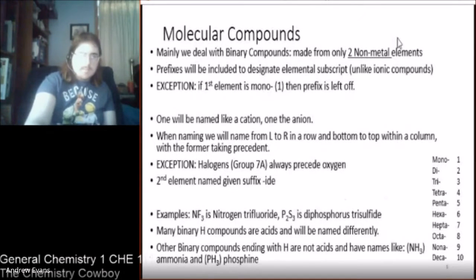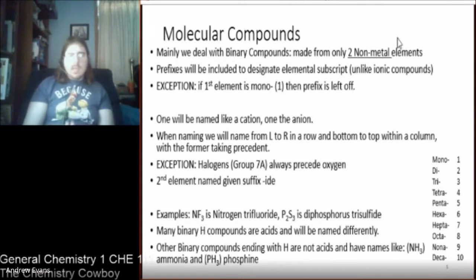Okay. Now, we're going to jump right into naming molecular compounds. For molecular compounds, we're mainly going to deal with binary compounds, meaning two nonmetals. We're going to split the name into two separate parts, and we're going to use prefixes to tell us the subscript, because due to the nature of molecular compounds, many different combinations can still be stable.